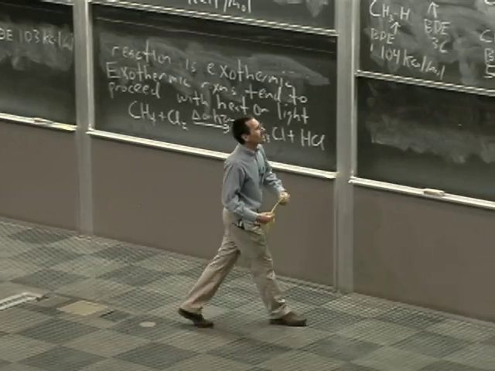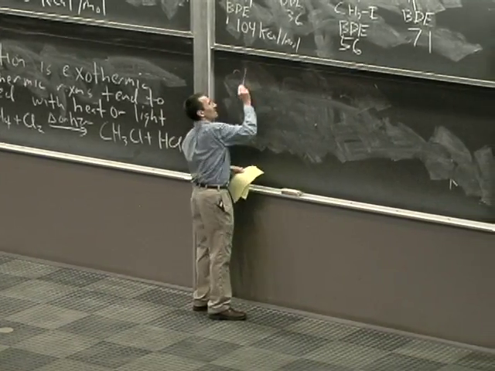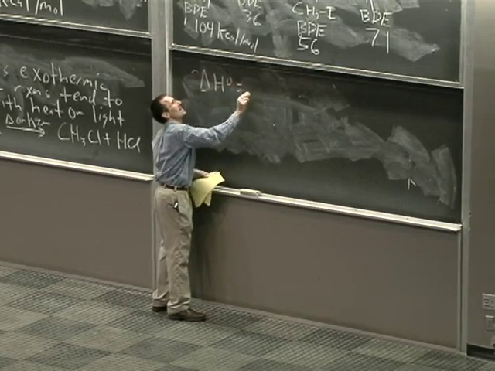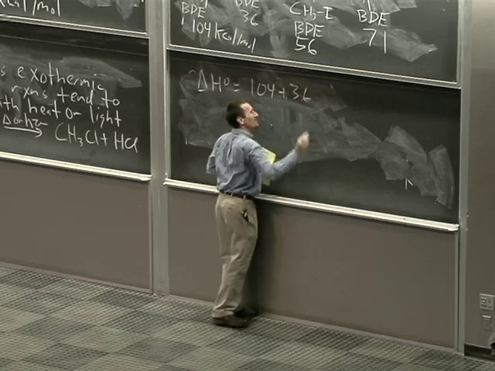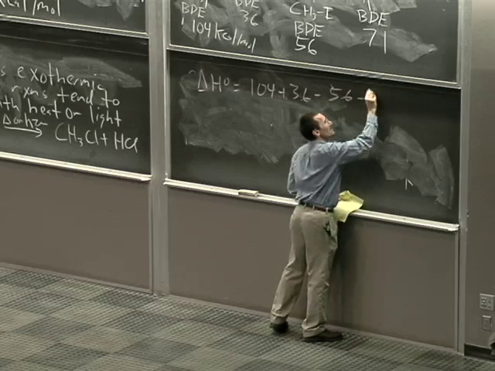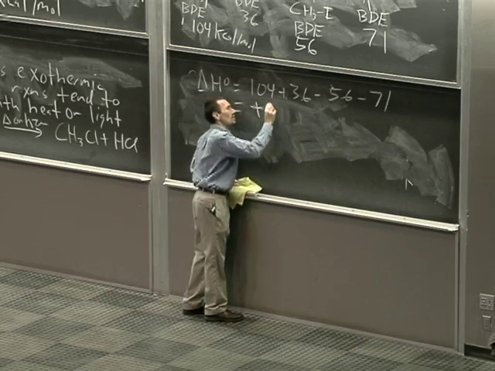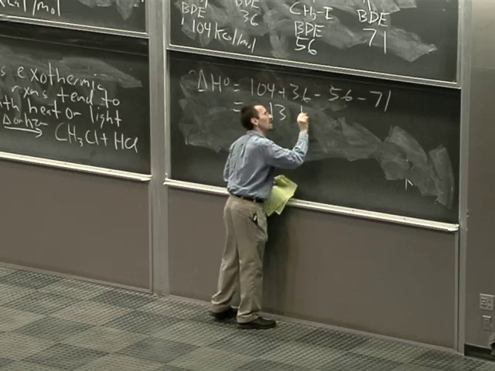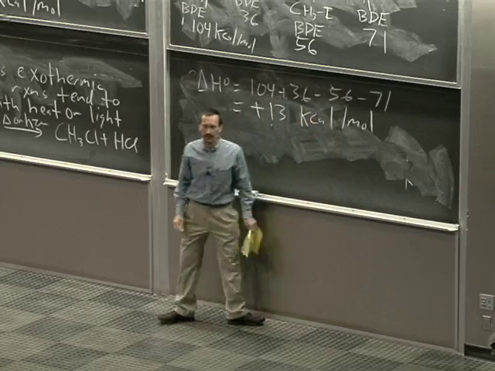And so we can go ahead and figure out the enthalpy of this reaction. Delta H naught now, same calculation, 104 plus 36, the amount we've spent, minus 56 minus 71, the amount we've gotten back. And now we're at positive 13 kilocalories per mole.